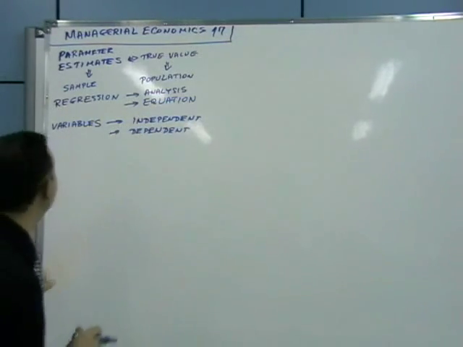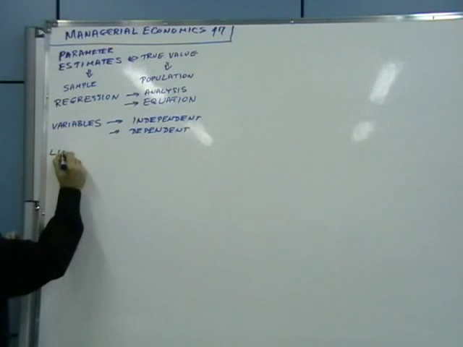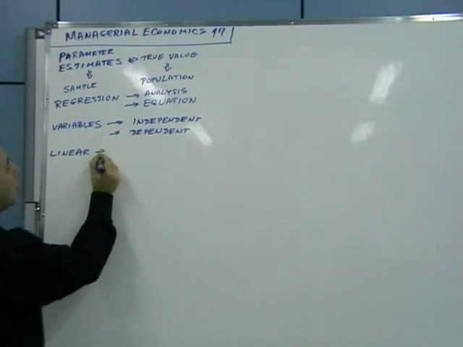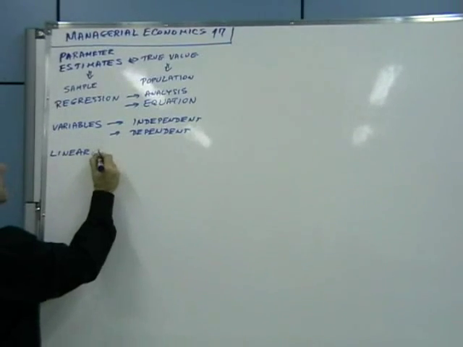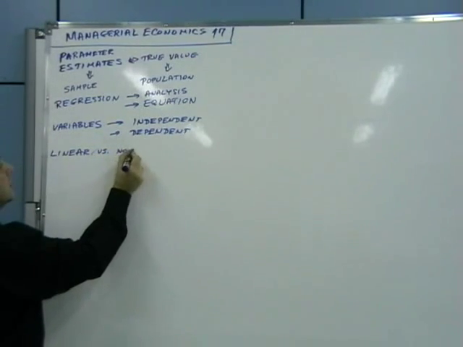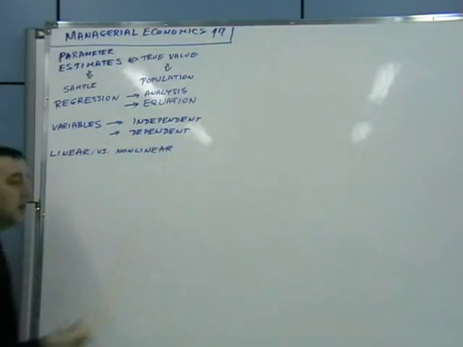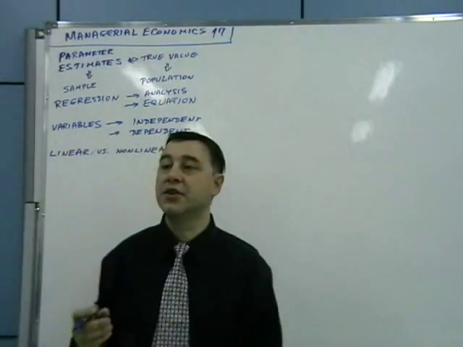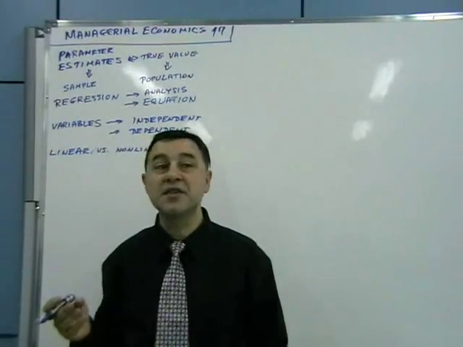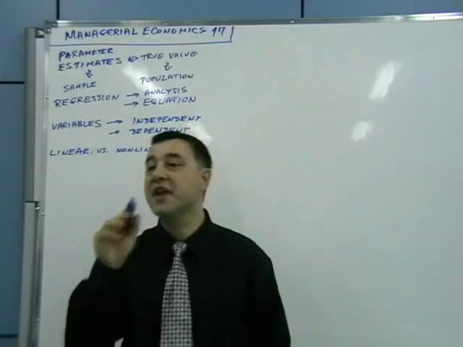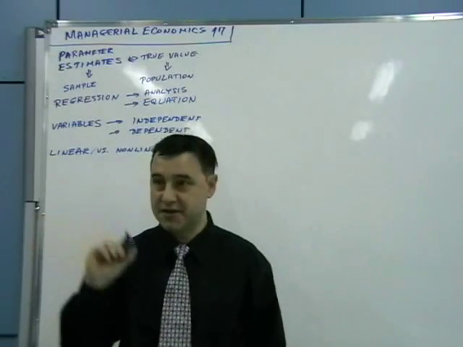And the equation itself could be linear versus non-linear. Linear simply means that the equation type is y equals a plus bx.